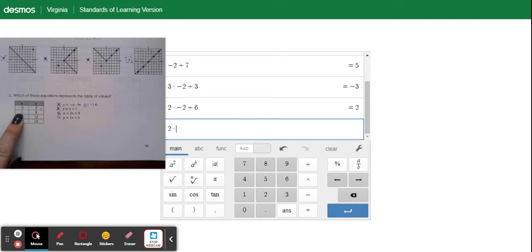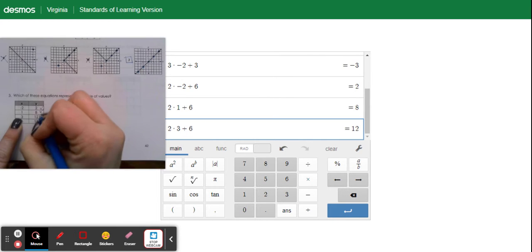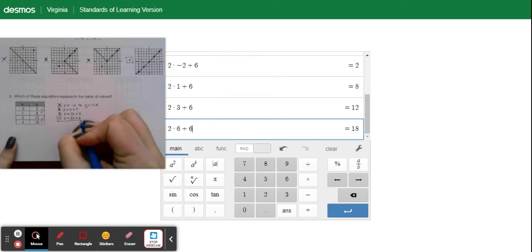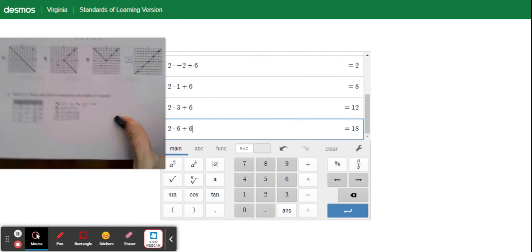Does 2 times 1 plus 6 equal 8? Yes. Does 2 times 3 plus 6 equal 12? Yes. And does 2 times 6 plus 6 equal 18? Yes, D is my choice.